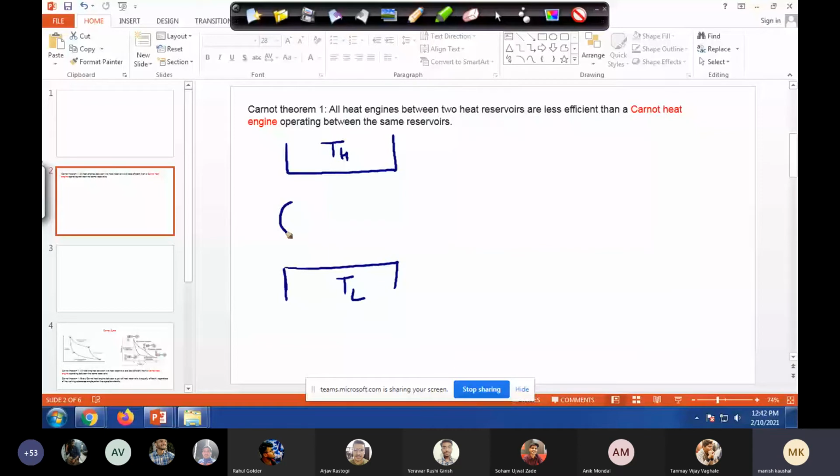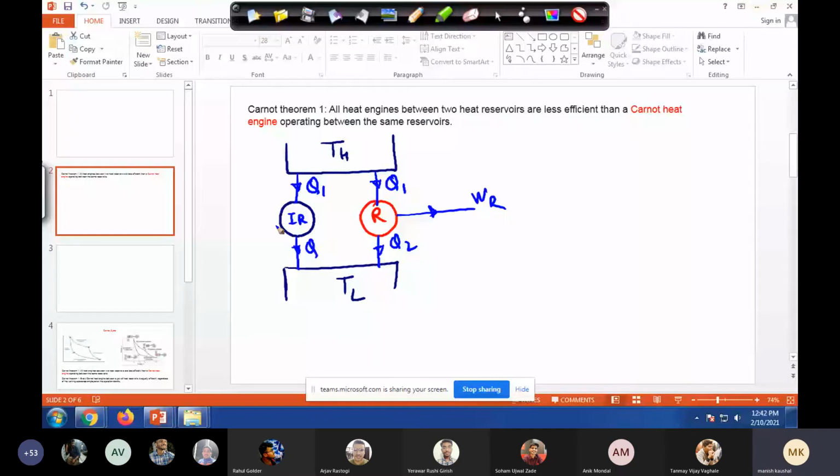This is our reversible. This is our irreversible. Q1, and then this is Q2. Yes, 2Q1. I agree. Q1. And this is Q. This is our W reversible, W irreversible.